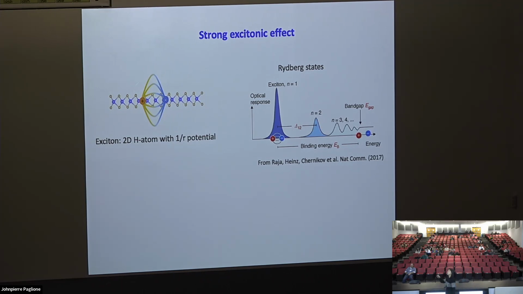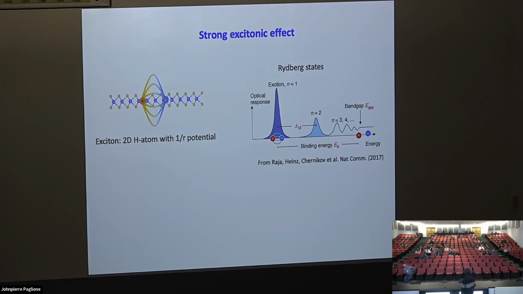In that case, the binding energy between the optically excited positive and negative charge is very big. We and others made measurements, and this binding energy can be as large as about half an electron volt. That's why you see a sharper peak instead of a step, okay.